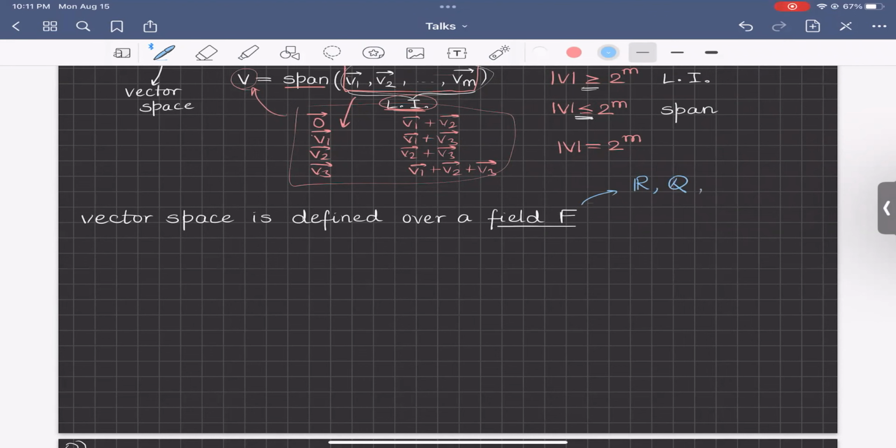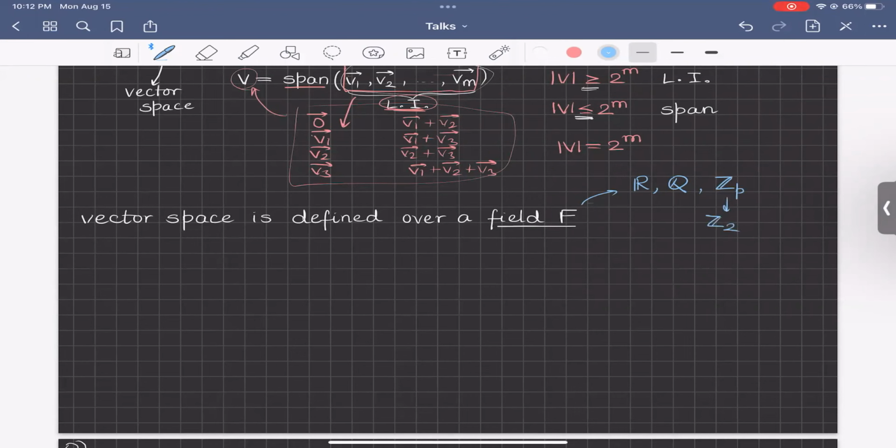And then Z_p, which is mod P, where you can also define multiplication mod P, and then every non-zero element has a multiplicative inverse.